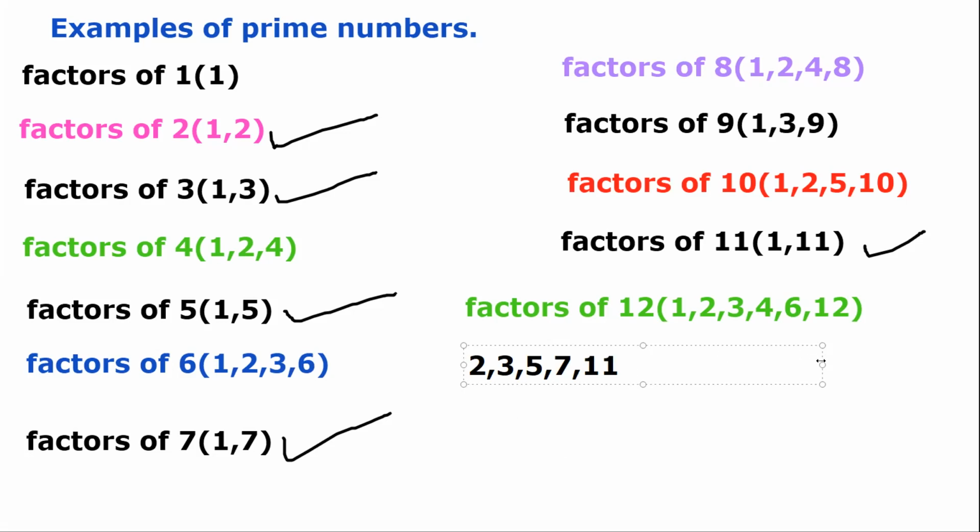These are the prime numbers from 1 to 12. These are the prime numbers because they are numbers with only two factors.